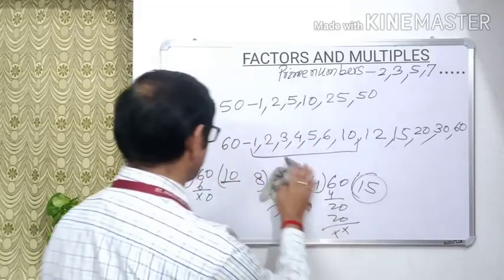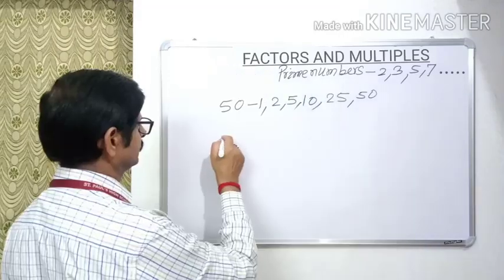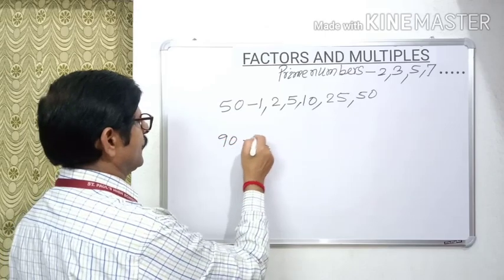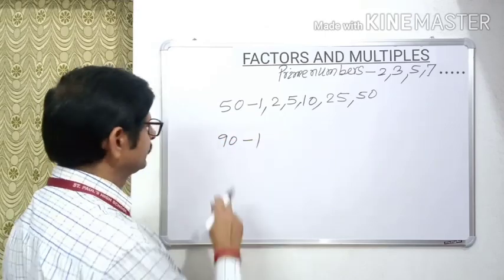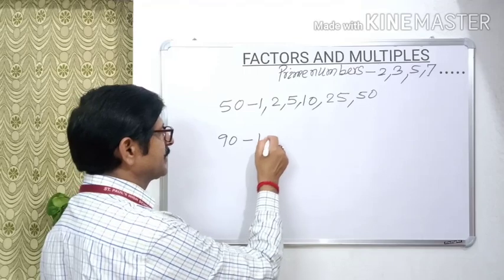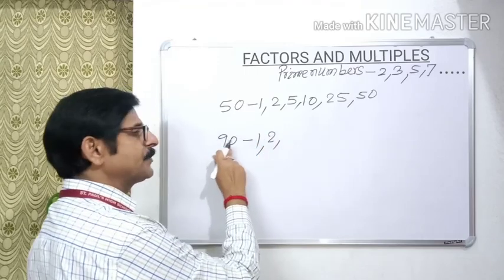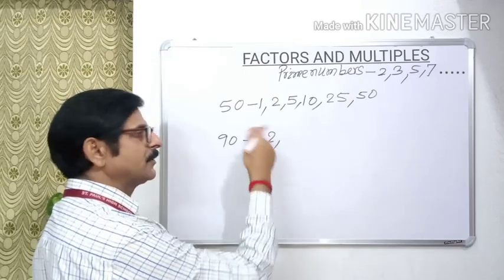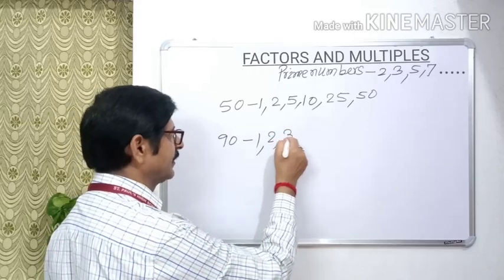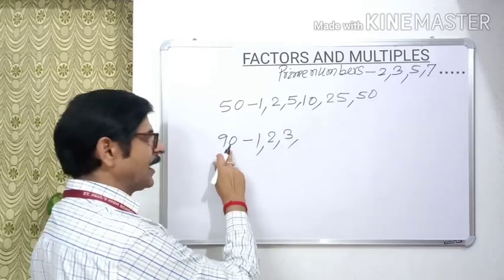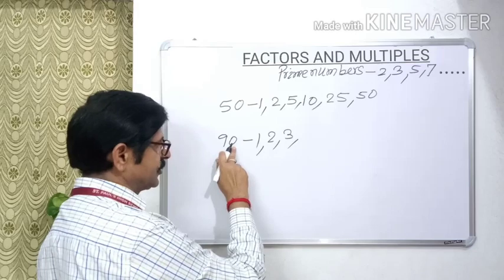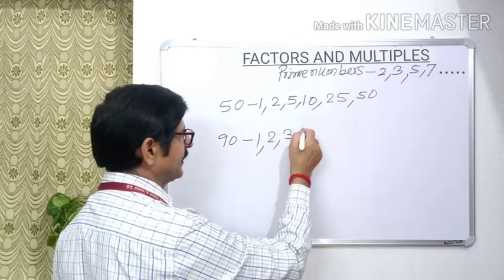Let us take one more number. 1 is a factor of every number. 0 is there, so it is divisible by 2. 9 plus 0 is 9, divisible by 3, so 3 is a factor. By 4, it is not divisible by 4. For 5, it is 0, so 5.